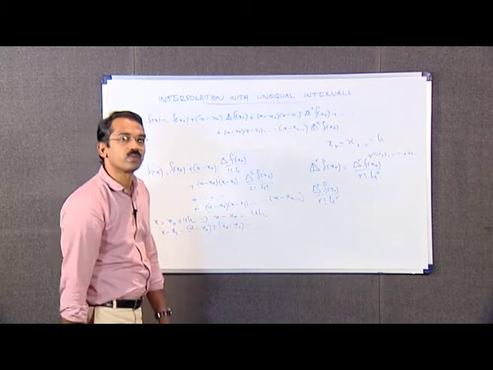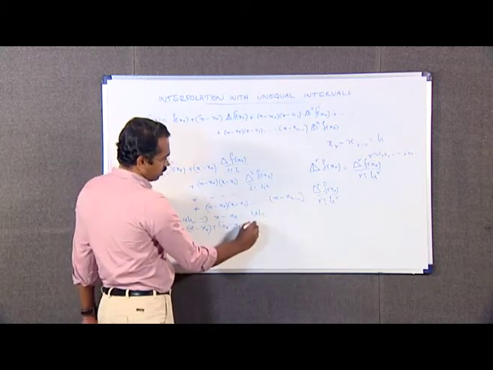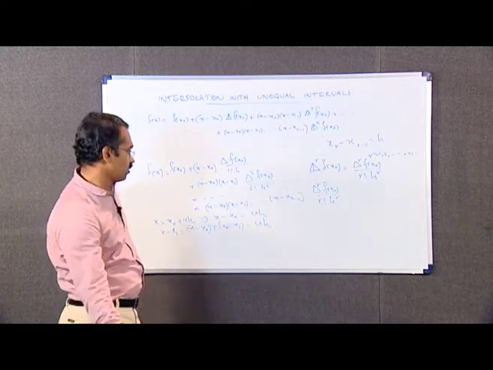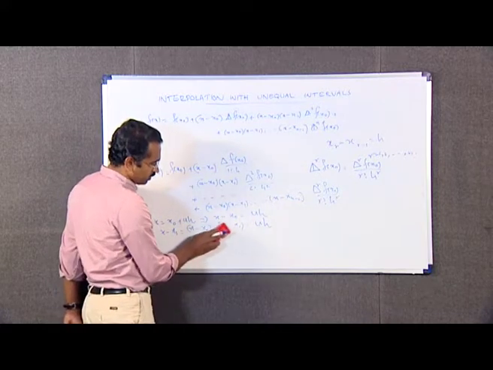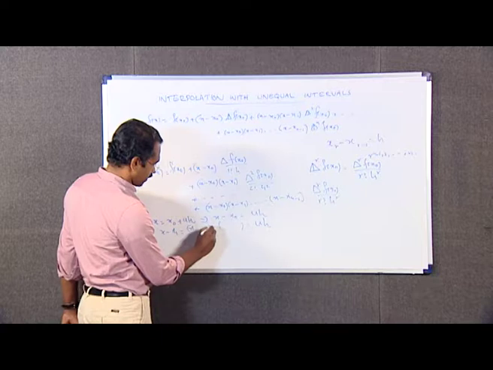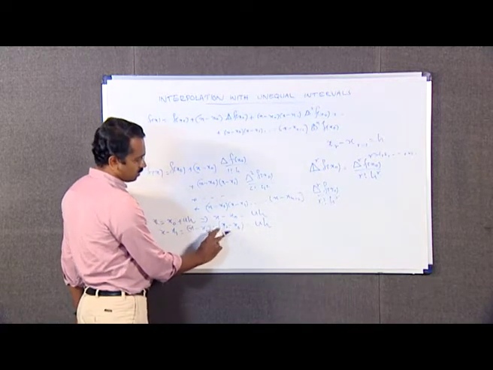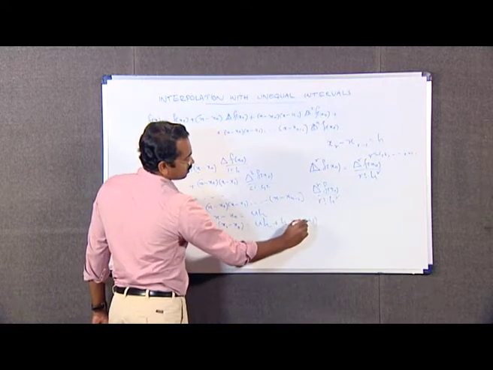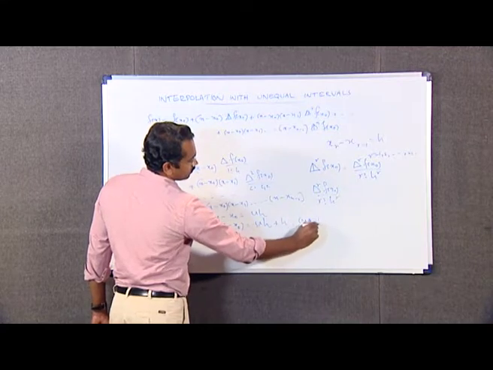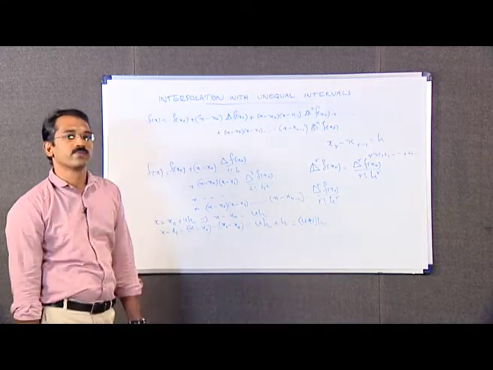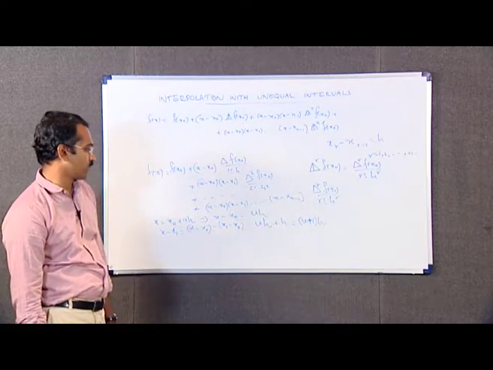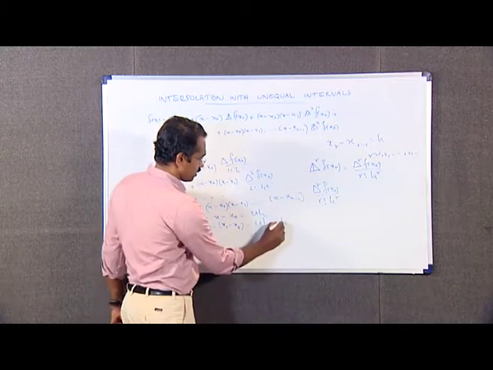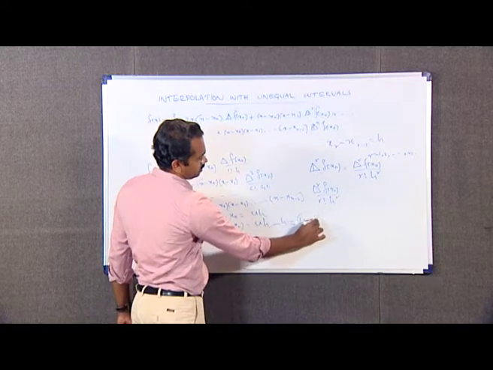Here x minus x naught is u into h, and x naught minus x 1 can be written as negative of x 1 minus x naught, that is h. So this is equal to u plus 1 times h. Here, x minus x 1 is u h minus h, that is equal to u minus 1 times h.